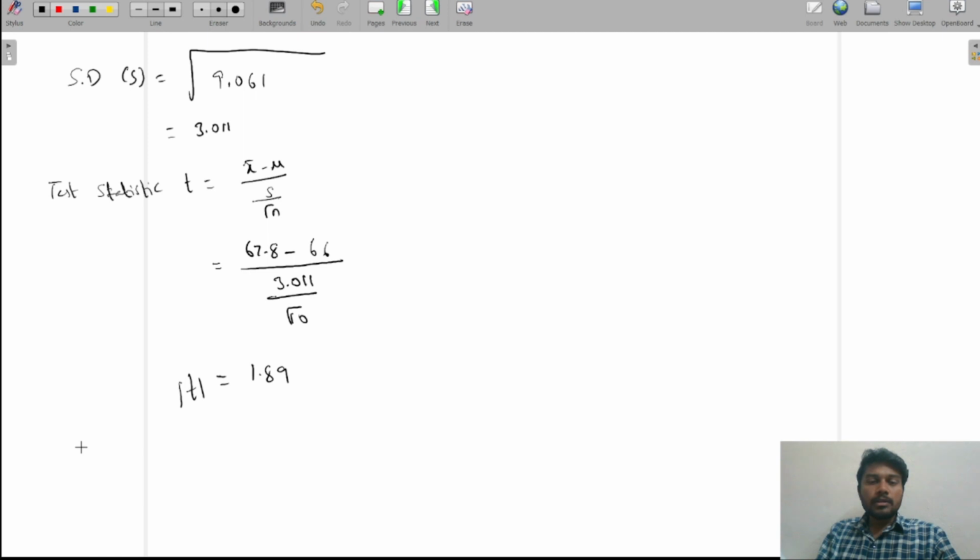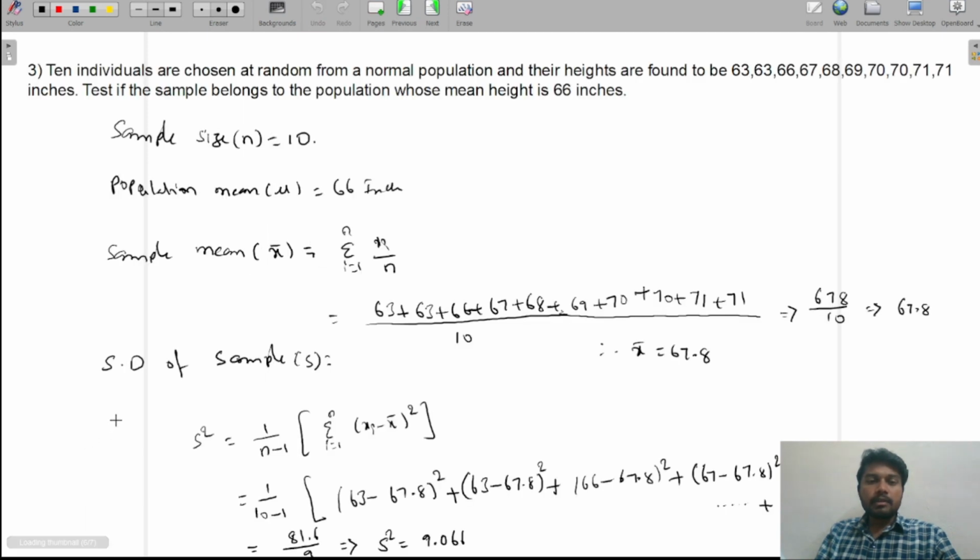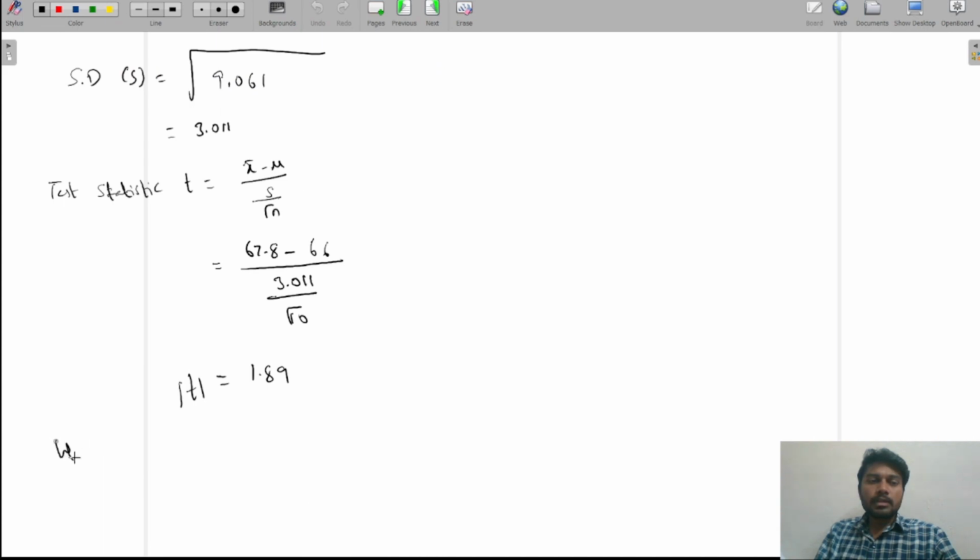Now, the level of significance is again not mentioned in this second question either. So what should I consider? Let the level of significance alpha be 5 percent, which implies 0.05.